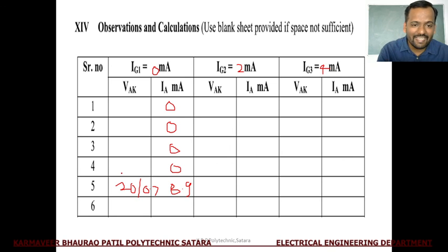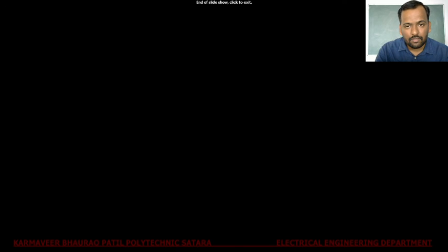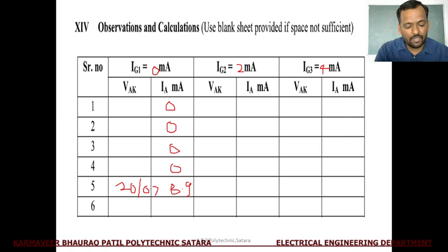Further, if we increase the voltage across anode and cathode, the voltage across anode and cathode remains 0.7 volt and the current through the anode increases. This is the practical of SCR performance. Hope you all understand the practical.